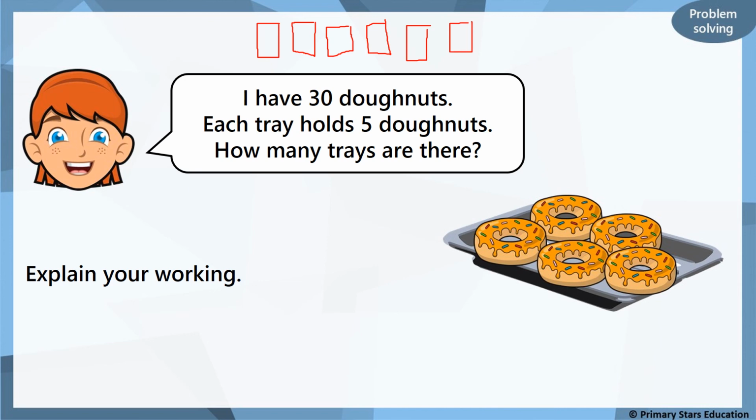I counted up in 5s because there's 5 donuts on each tray. Now let's count how many trays we've got. 1, 2, 3, 4, 5, 6. So the answer is 6. Well done if you got that right.